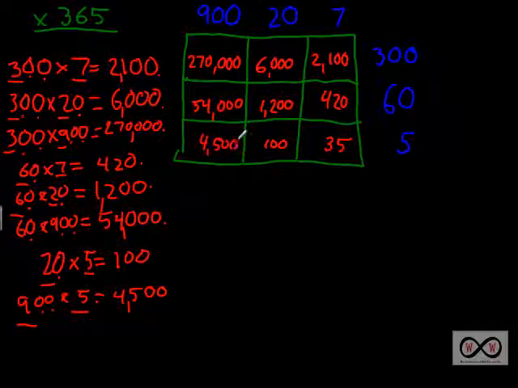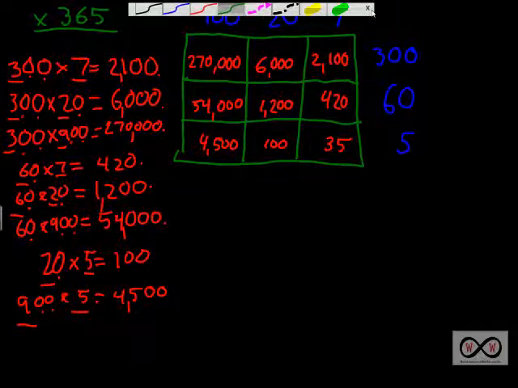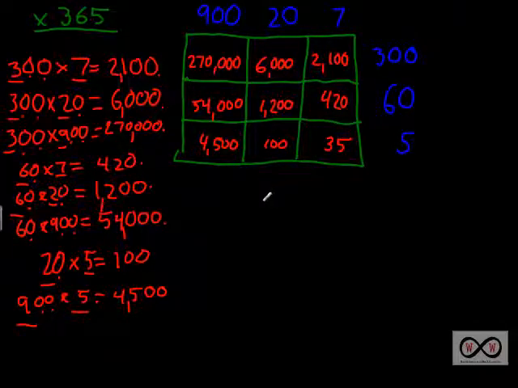And with the distributive grid, we've got to put it all back together now. So we'll add up all these numbers and see what we get as our total, or our sum. So here we go. Let's change ink colors. All right, so we'll line them up.